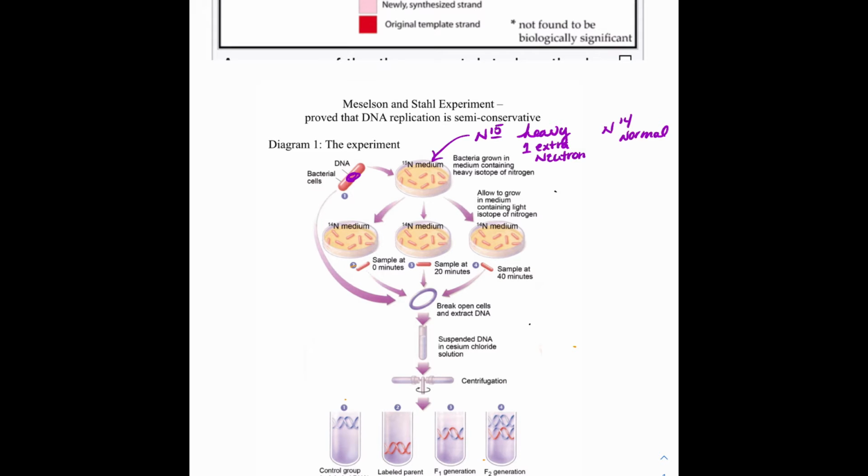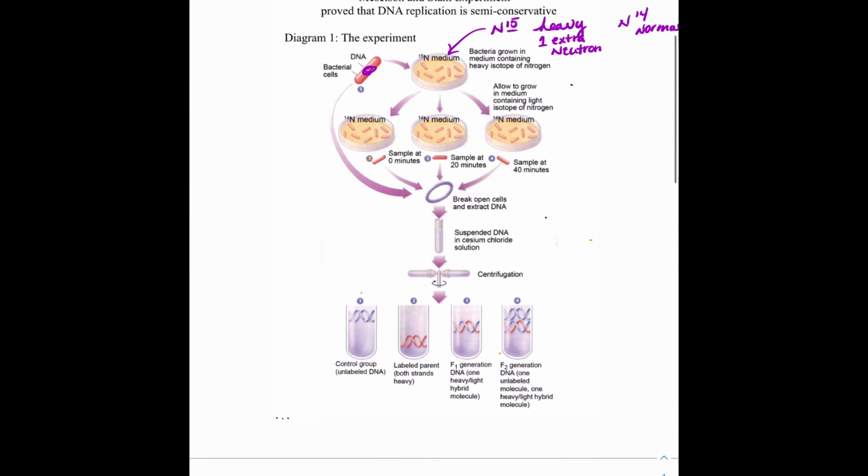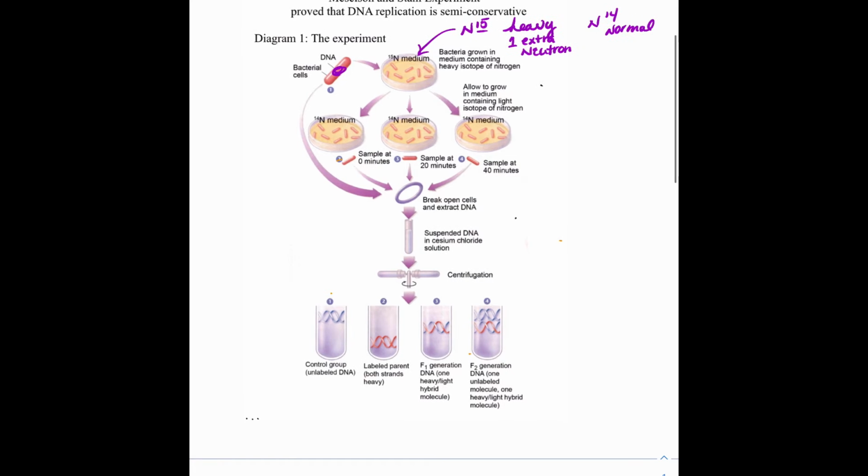So they grew the bacteria colonies in this N15 media with the heavier nitrogen. When the bacteria made its DNA, because it had so much nitrogen in it, the DNA became much heavier than DNA grown normally.